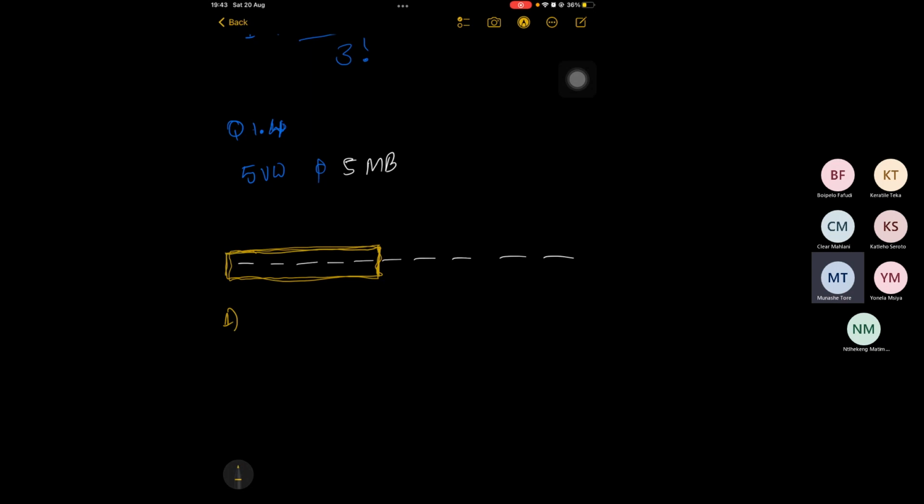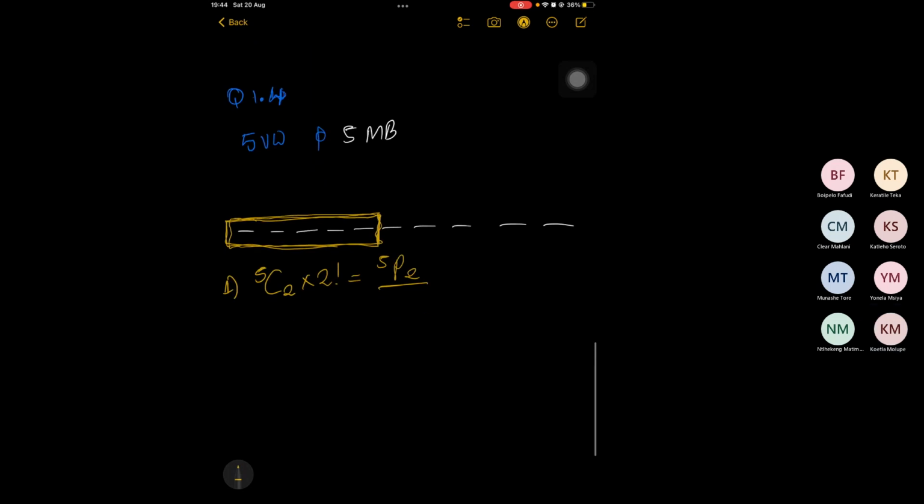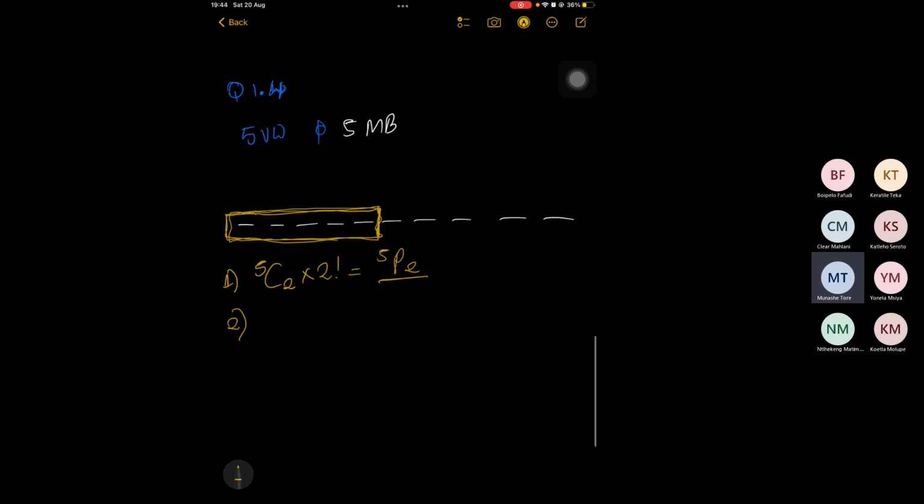We have 5 VWs, and we just want to choose 2 only, because it said amongst the first 5, 2 of them are VWs. So the moment you choose 2, in how many ways can we group these 2 cars within this yellow bracket? It's going to be 2 factorial ways, which is the same as 5 permute 2. Then we'll go on to the second operation.